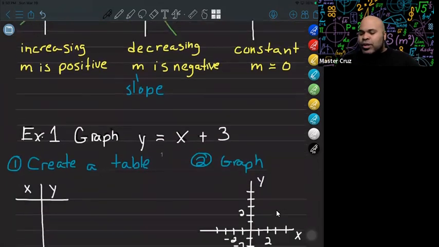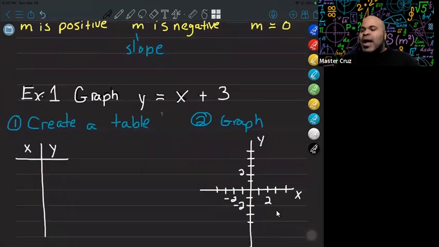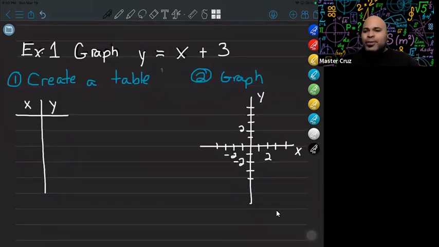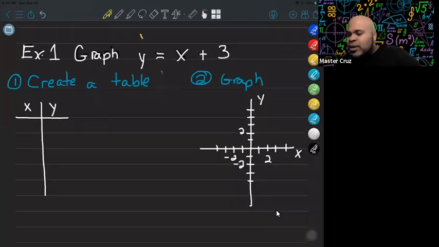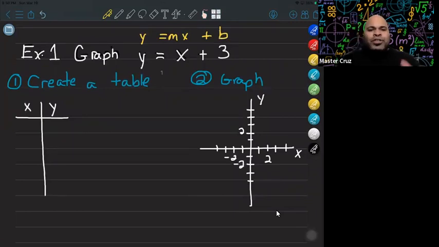So here we go. First, we're going to graph y equals x plus 3. Well, the first thing I want you to have in your mind is y equals mx plus b, right? And I ask you, what's b? Well, it's clearly easy that b is 3. And our first step was to plot the y-intercept.